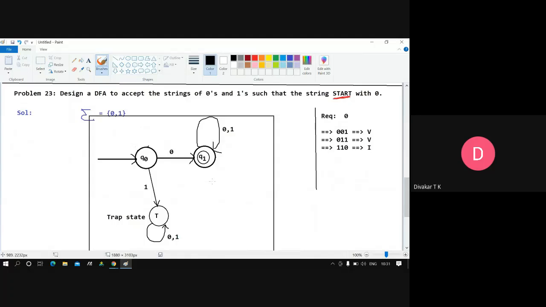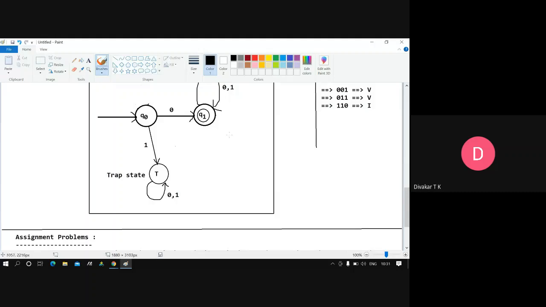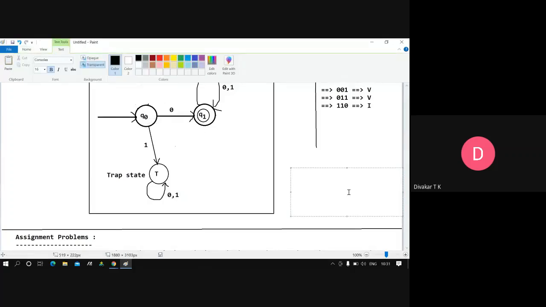In problem number 23, we kick-started the DFA diagram with strings starting with. Here we are using one important state called the trap state, guys. Whenever a starting with problem comes, you must use the trap state.